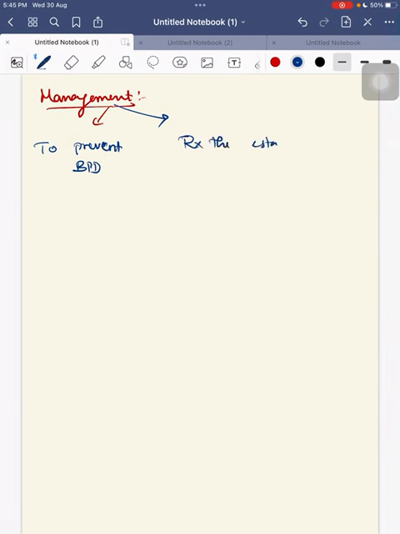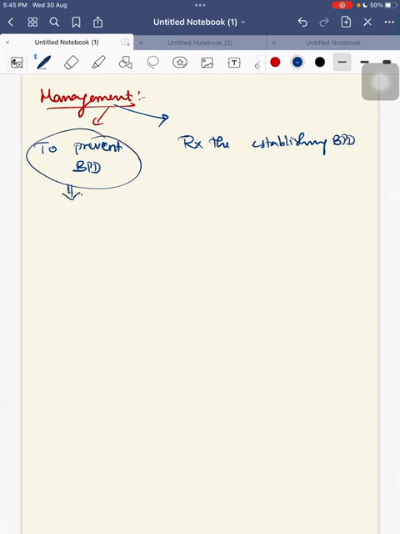I will tell only the gist, that is, the main topics and the most important points, so you can write all the inside points from these main topics. So the management will be of two types: to prevent BPD, and to treat establishing BPD or established BPD.